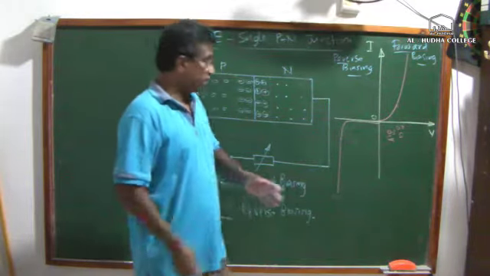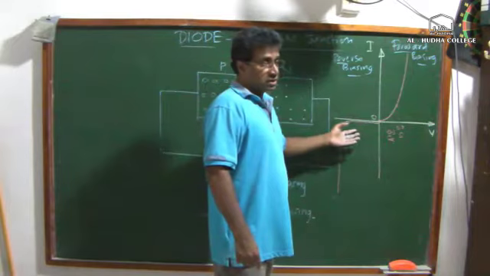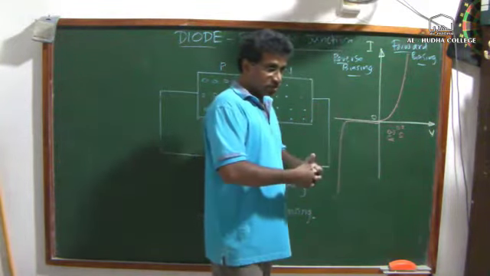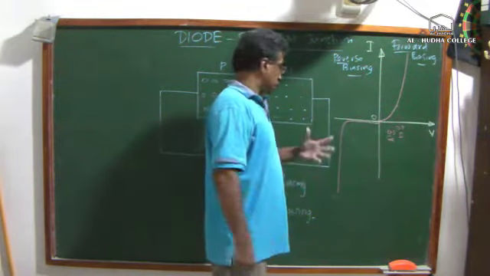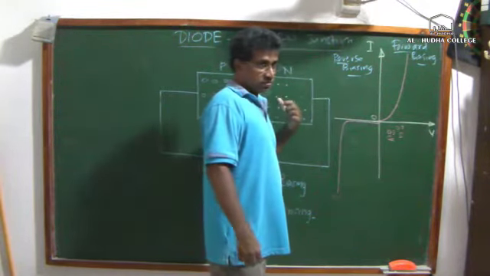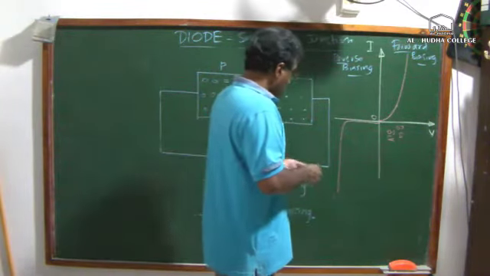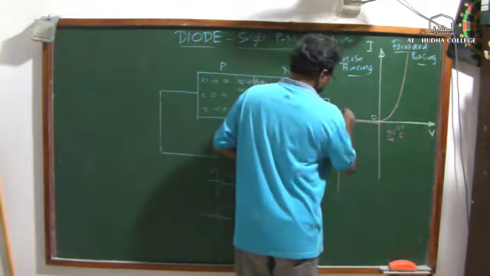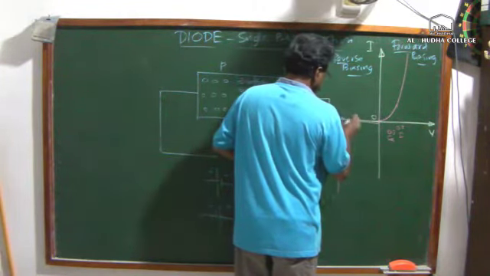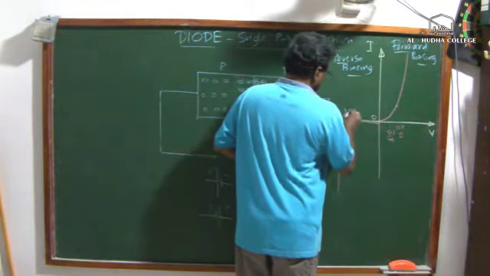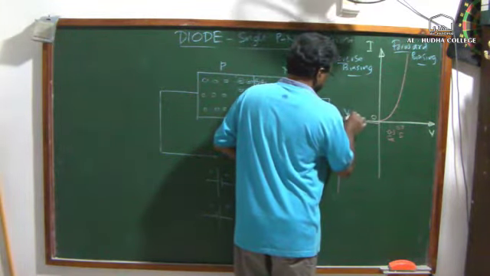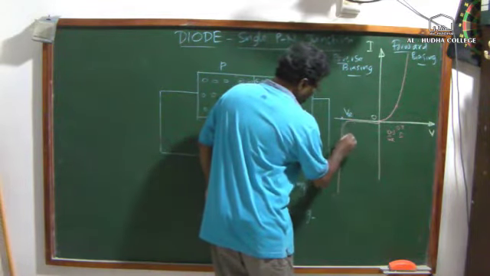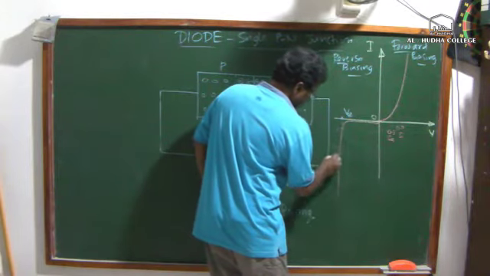When the current exceeds uncontrollably, more heat is generated because of the collisions, and the junction will be permanently damaged. So this is called avalanche breakdown. This voltage we call the breakdown voltage, and this situation is called avalanche breakdown.